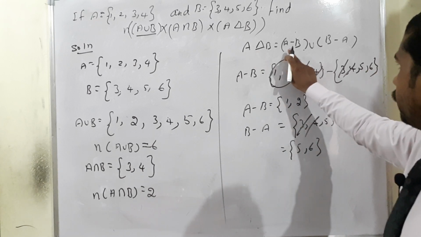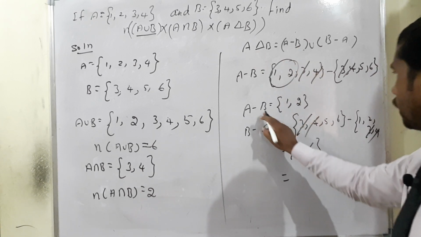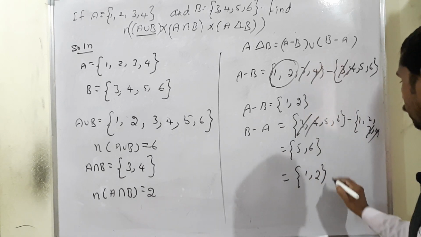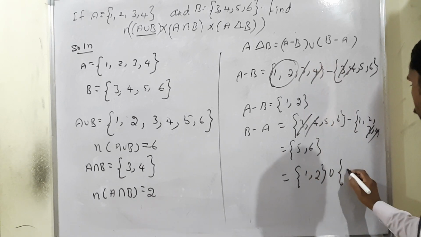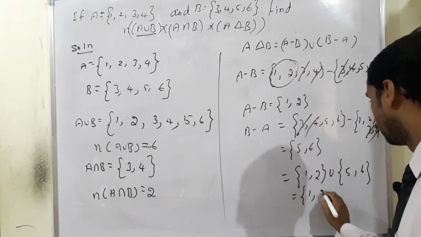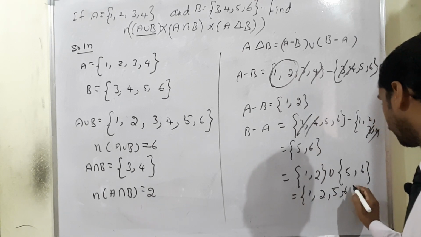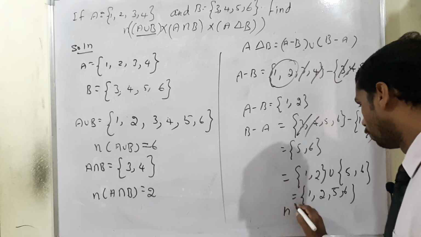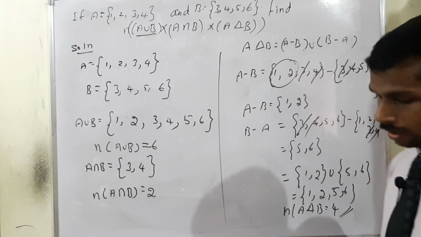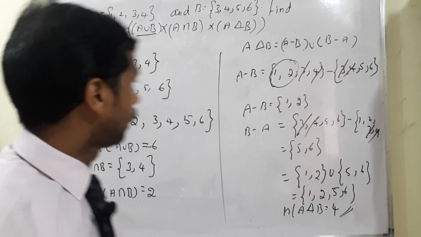Therefore A symmetric B is equal to A minus B, what is the answer? 1 comma 2, then union of 5 comma 6. Therefore we can write now 1, 2, 5 and 6. Therefore number of A symmetric B is equal to 4, isn't it?